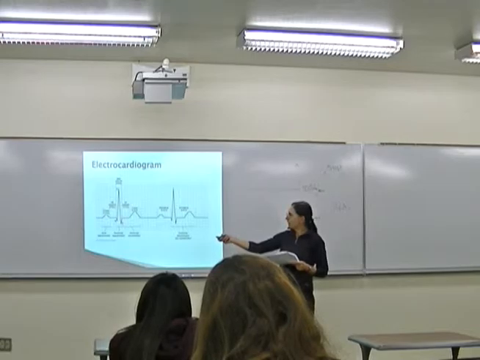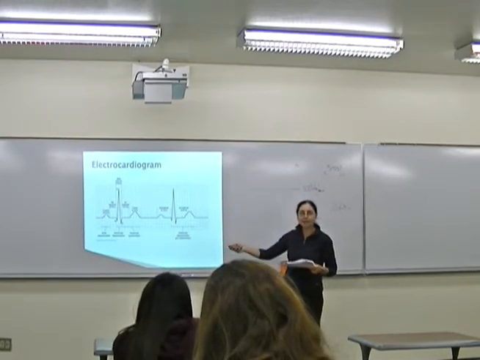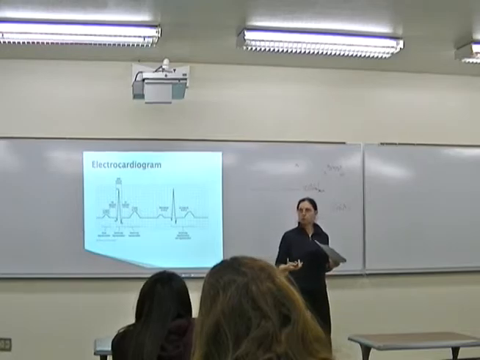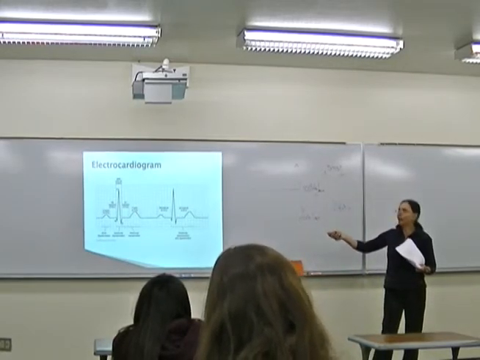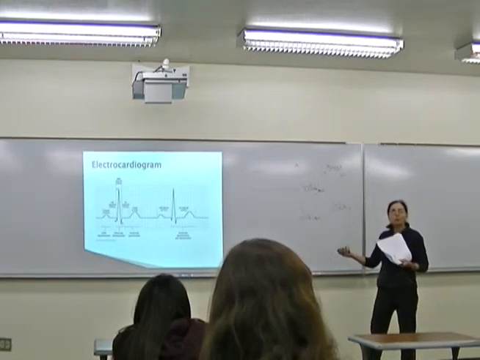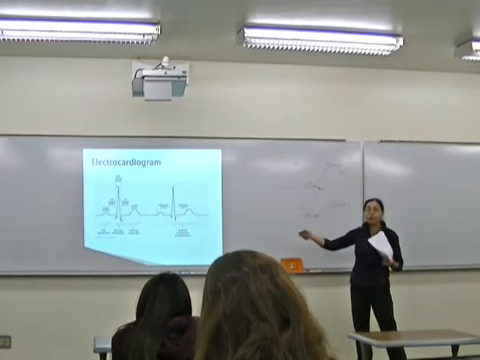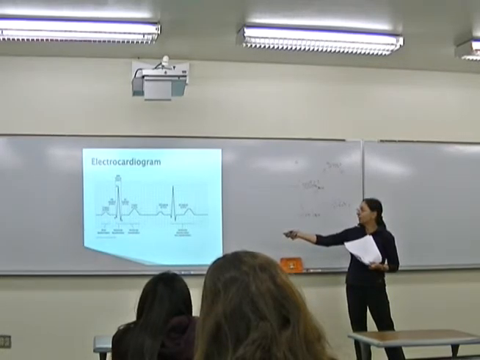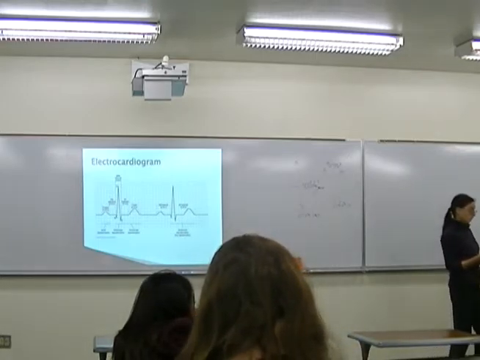So if my ST segment is depressed, if it's down here and it's not on this kind of baseline, then that indicates that there's some damage to the heart. So just by looking at this little squiggle, someone who knows what they're reading can see changes in the typical pattern that indicate particular problems within the heart.